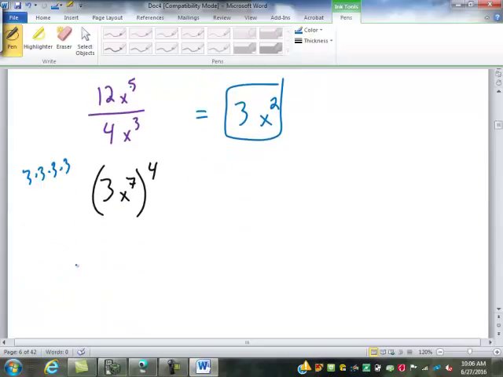Which is 81. Yeah, 27 will be 3 to the third. There's 4 of them. So 81. But for the variable now, when you take a power of a power, the powers are multiplied. 7 times 4 is 28. Questions?